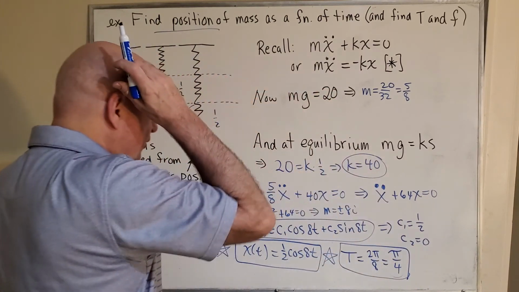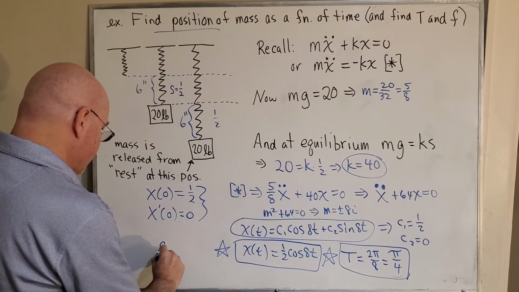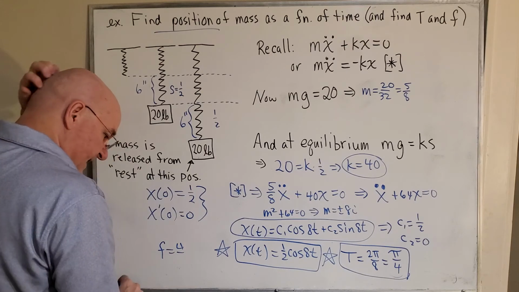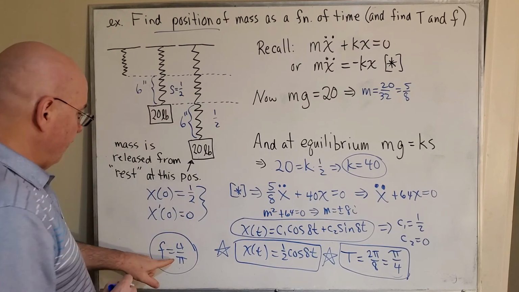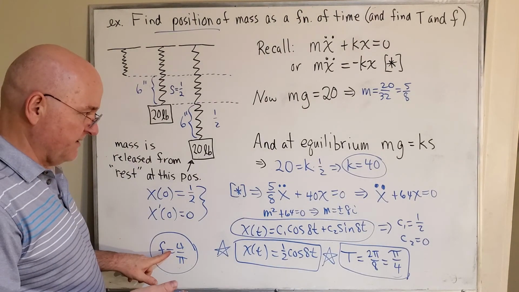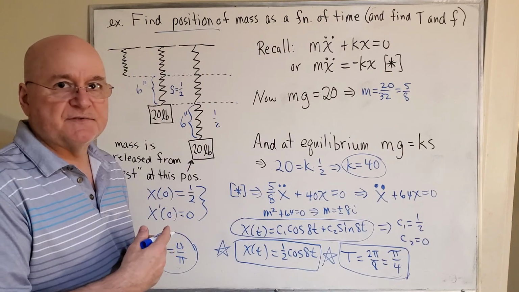T is pi over 4, so rather than write it in that corner, I'm going to put it over here. f is equal to 4 over pi, 4 over pi cycles per second. The period is that many seconds per cycle.